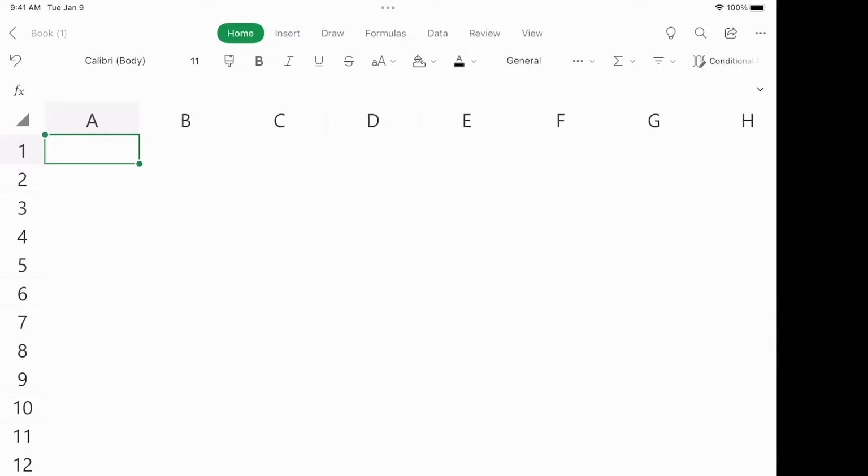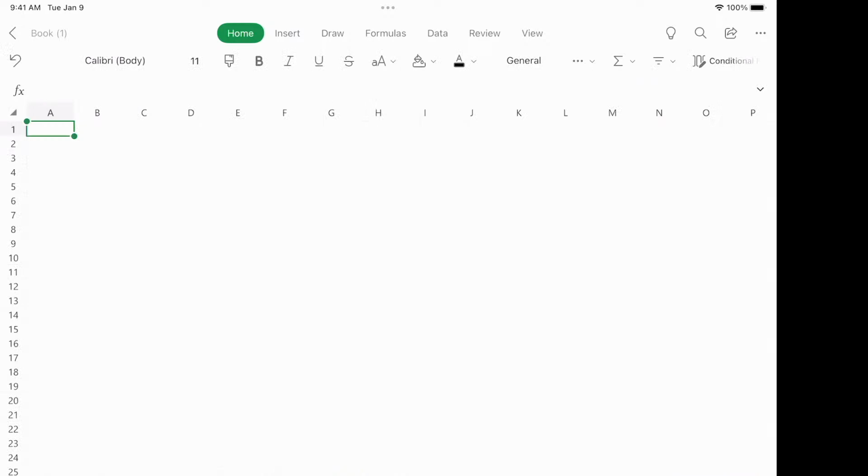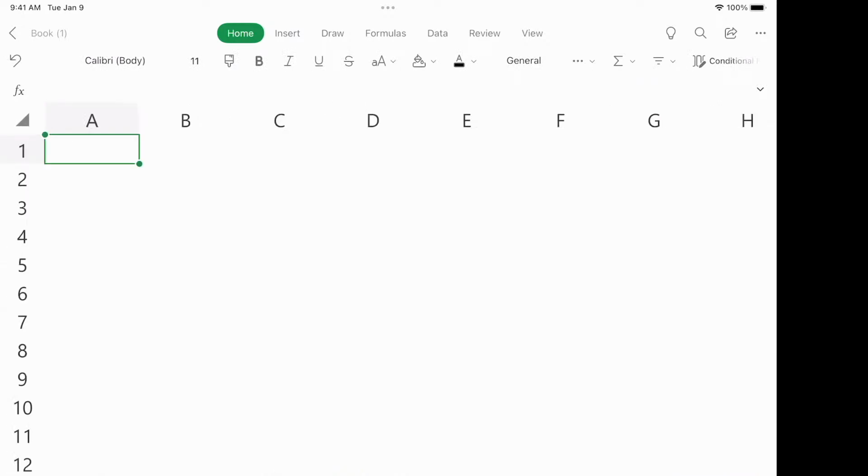Not sure what's happening. My keyboard is, oh, maybe it needs to be charged or something.